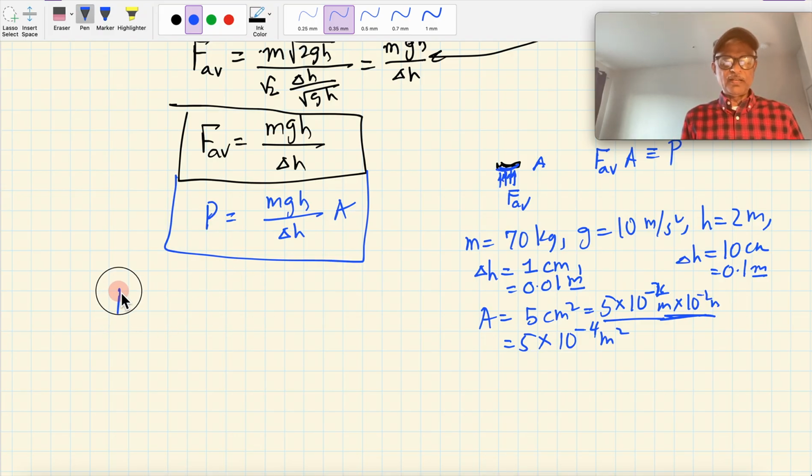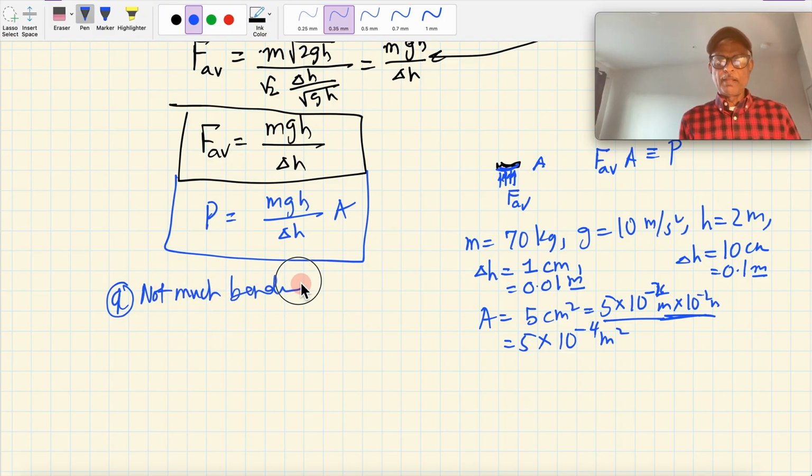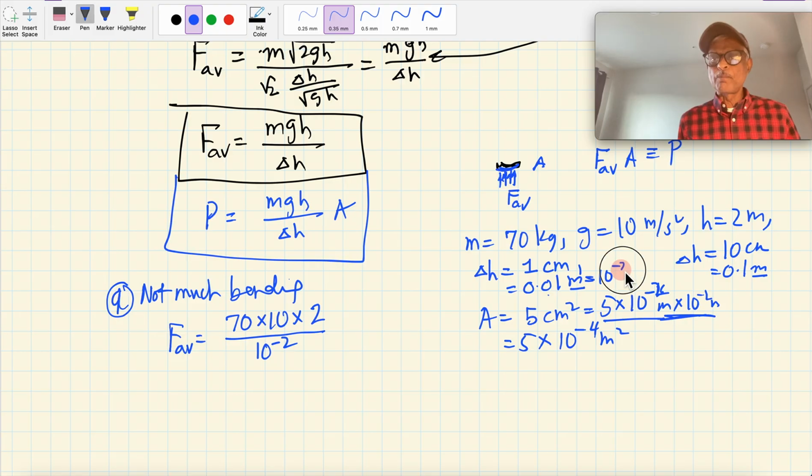So case A, not much bending, right? What do we get? F average I got is 70 kilogram times 10 times 2 divided by 10 to the power minus 2, and this is 10 to the power minus 1.